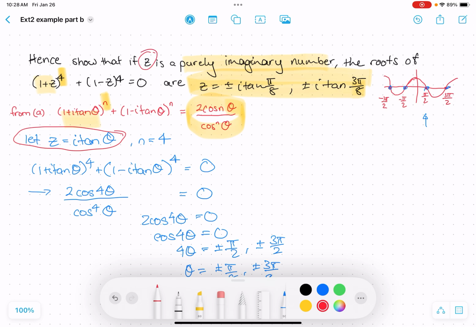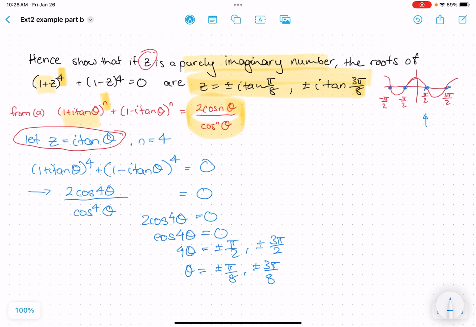So if we just put those thetas into z, what have we got? We've got z equals i tan plus or minus pi on 8 and i tan plus or minus 3 pi on 8. But that's not the answer, because look, the plus or minus is in front.